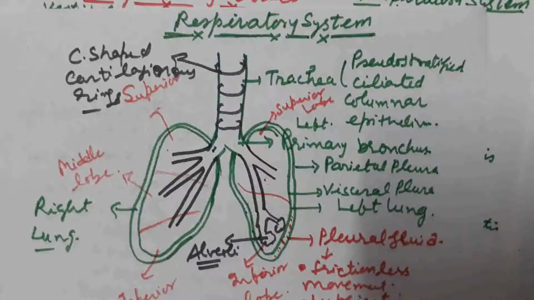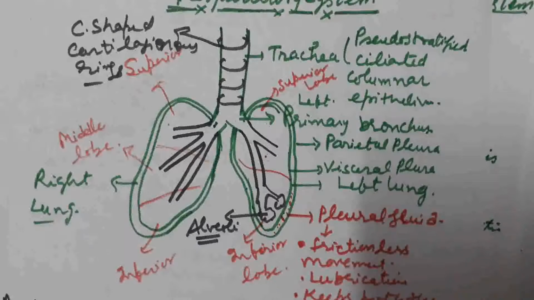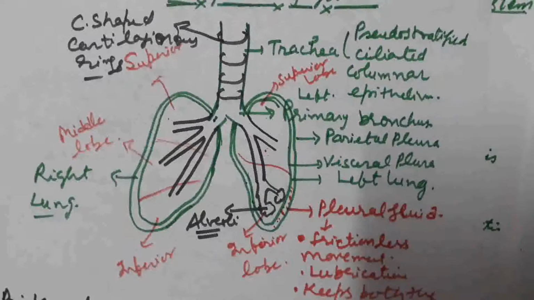What is the function of pleural fluid? Their main function is lubrication. They help in frictionless movement of the lungs at the time of breathing. And the second function, they keep both the pleural membranes together.